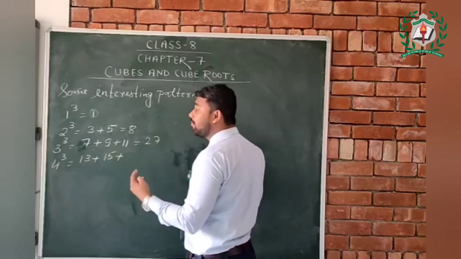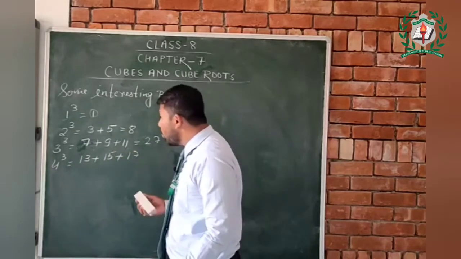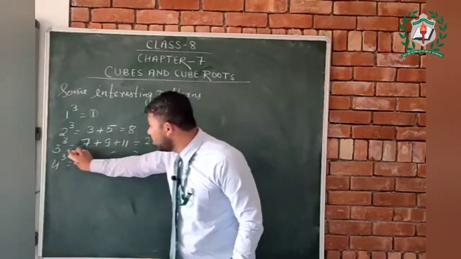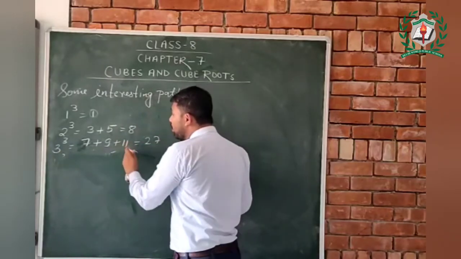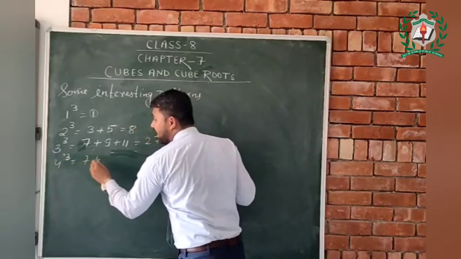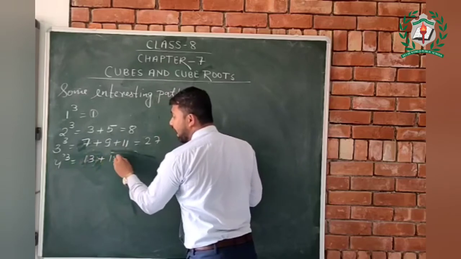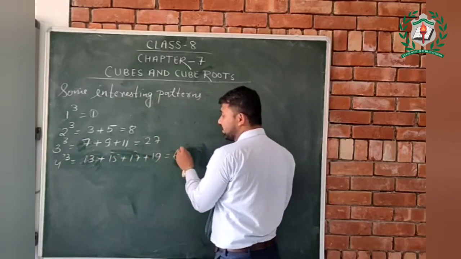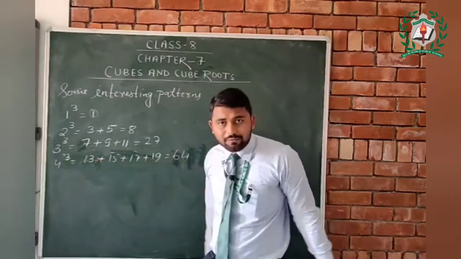After 15, 17. After 17, 19. If you add all of these, that will be 64.